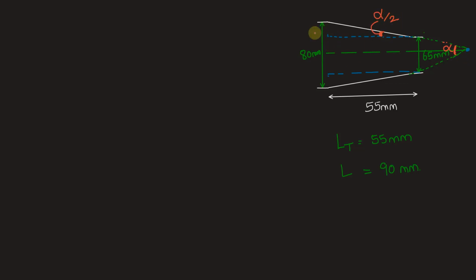To find out this angle, if we write tan of alpha by 2, in this triangle, tan of alpha by 2 can be defined as x by LT. LT is already known, 55 mm. We need to find out x. X can be found out by using 80 and 65 mm diameters.